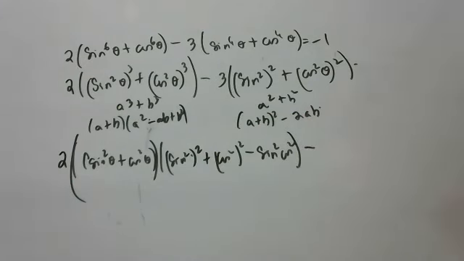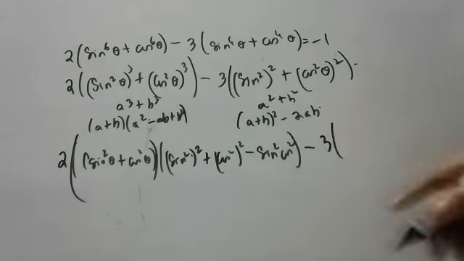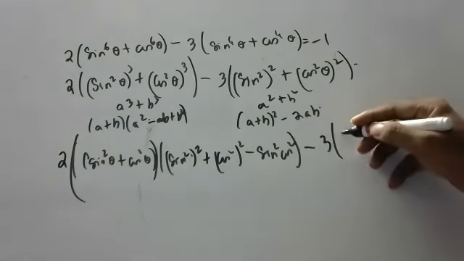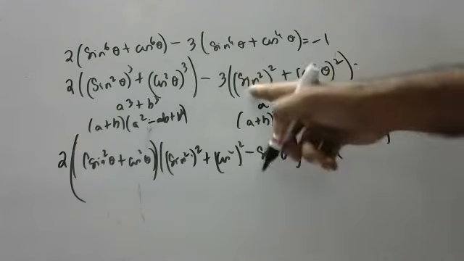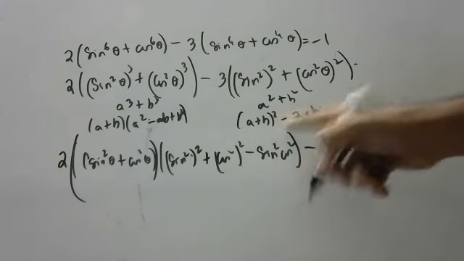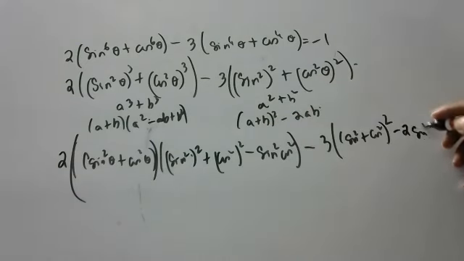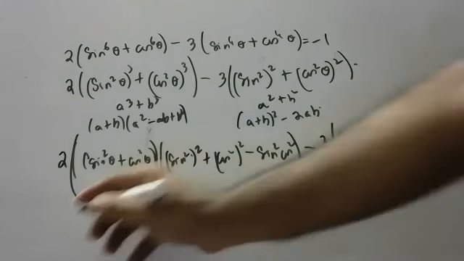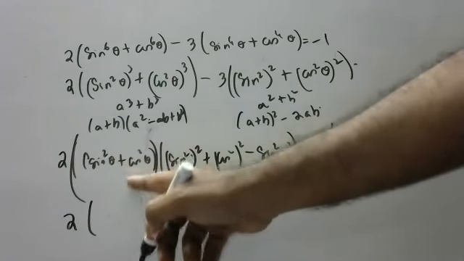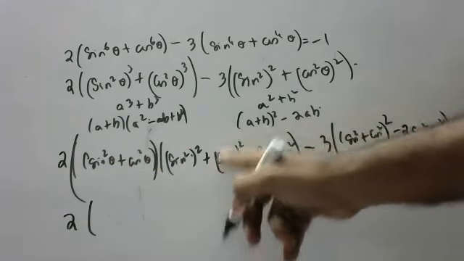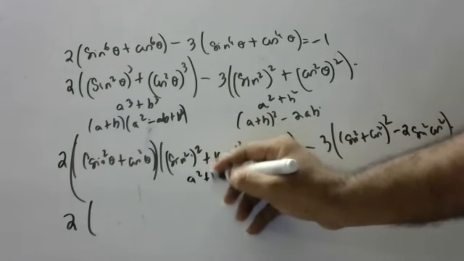Minus, children, this one again, 3 into, this is A square plus B square, which means A plus B whole square minus 2AB. So listen, this is 1, this is 1. A square plus B square is what?